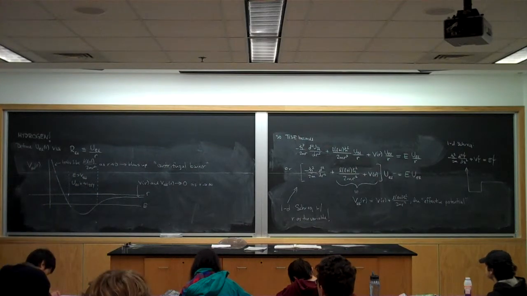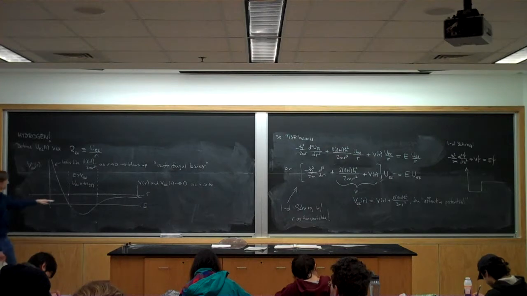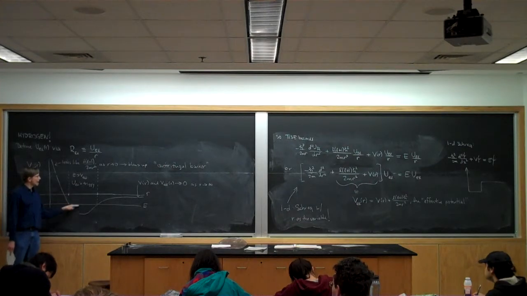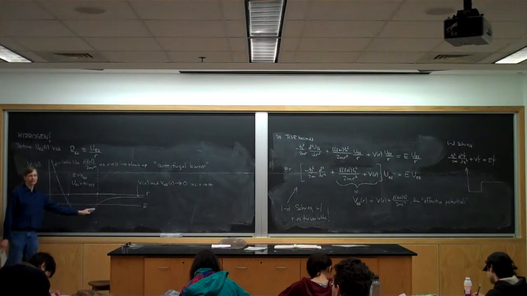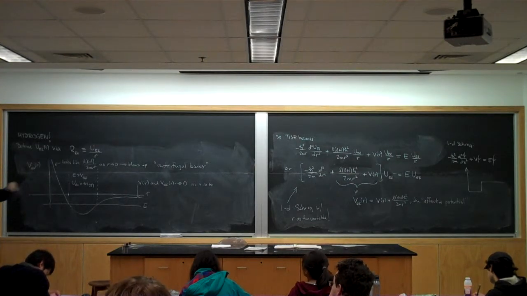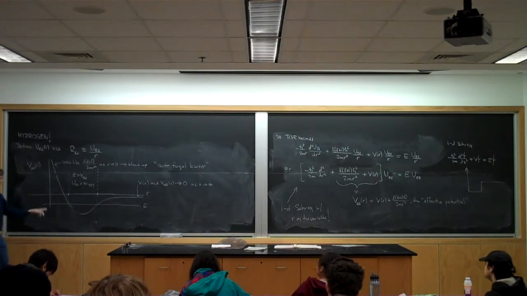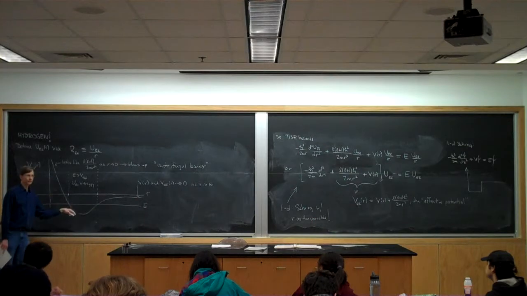It won't just be a simple sine or cosine or e to the ikr type of thing, because the amount by which E is greater is changing. It's a simple e to the ikx type of thing if the potential is constant, if E minus V is a constant. But in general, it's going to be tricky. It's going to be oscillating in this region.